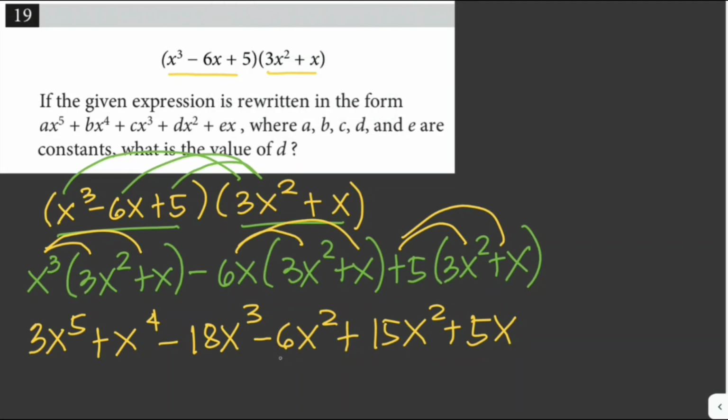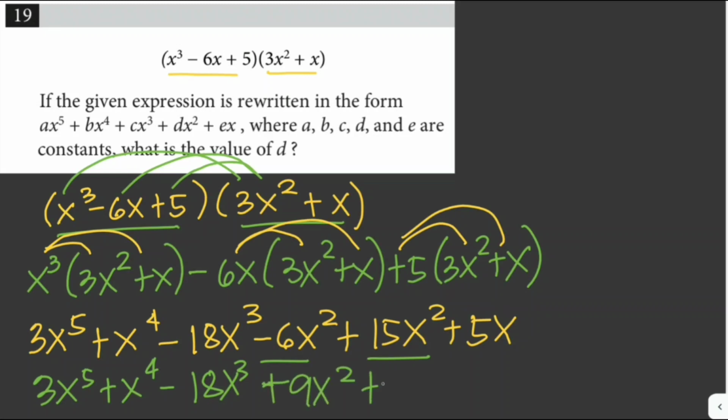We can group negative 6x squared and 15x squared. So we have 3x to the fifth plus x to the fourth minus 18x cubed. Negative 6x squared plus 15x squared is 9x squared, plus 5x.